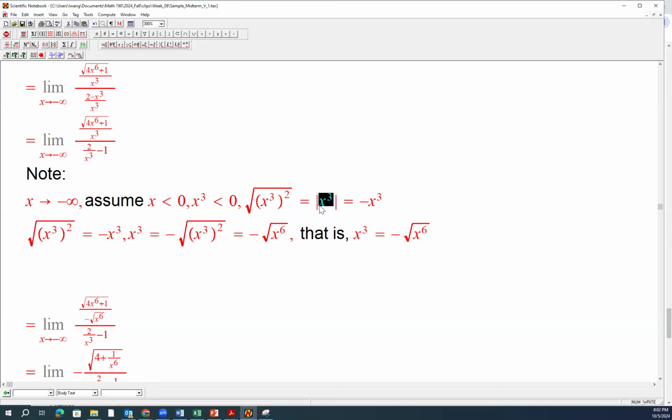Because x raised to the power 3 is negative, its absolute value is the opposite of x raised to the power 3. So this brings us to this relationship. We do that because we want to take x raised to the power 3 inside the root, so we need to create a square root of x raised to the power 6. Eventually we get x raised to the power 3 equals negative root of x to the power 6.